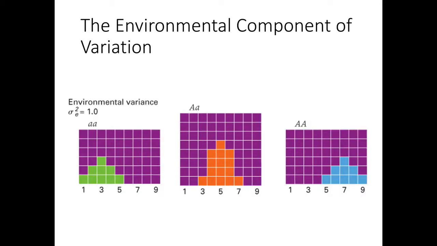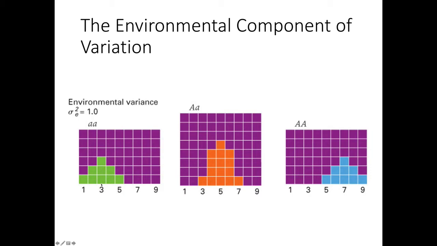Now one could also imagine that if you fix the genotype, so for example look at only individuals that are little a little a, or only individuals that are big A little a, or only individuals that are big A big A, in the real world there will be environmental effects on the phenotype.